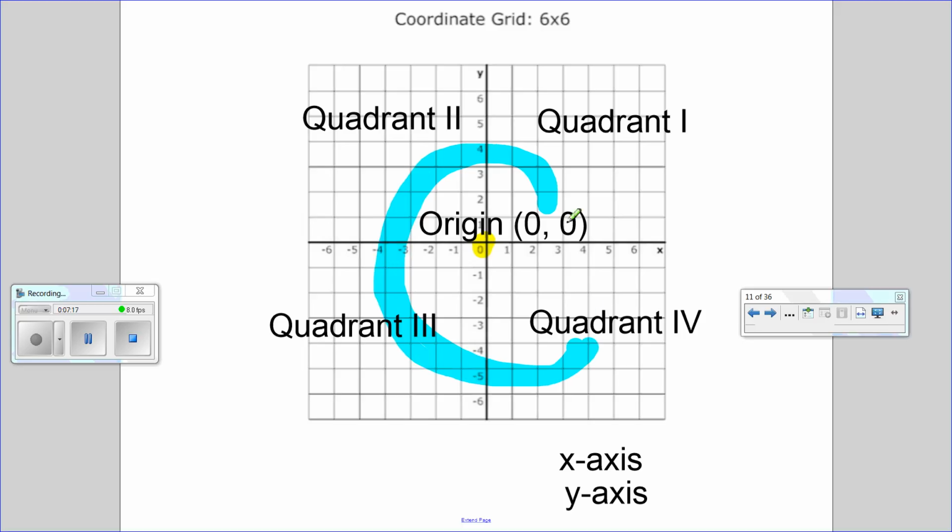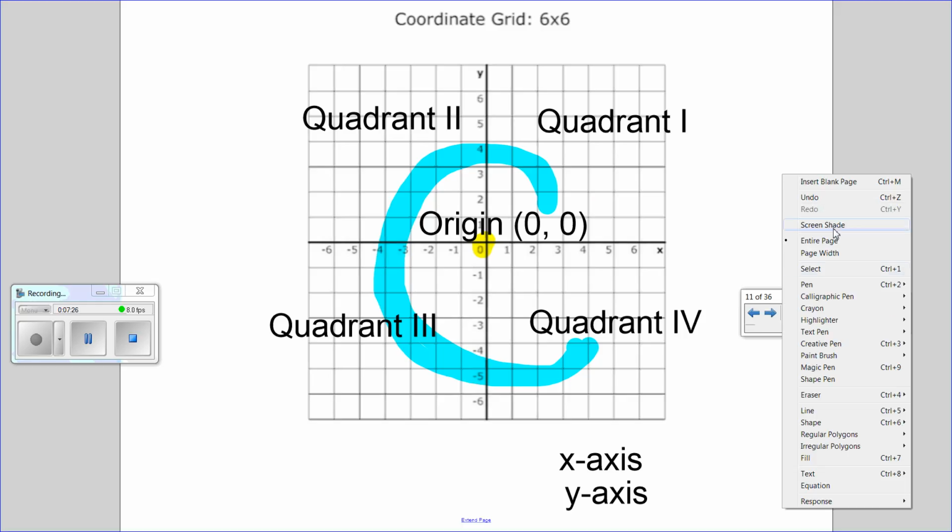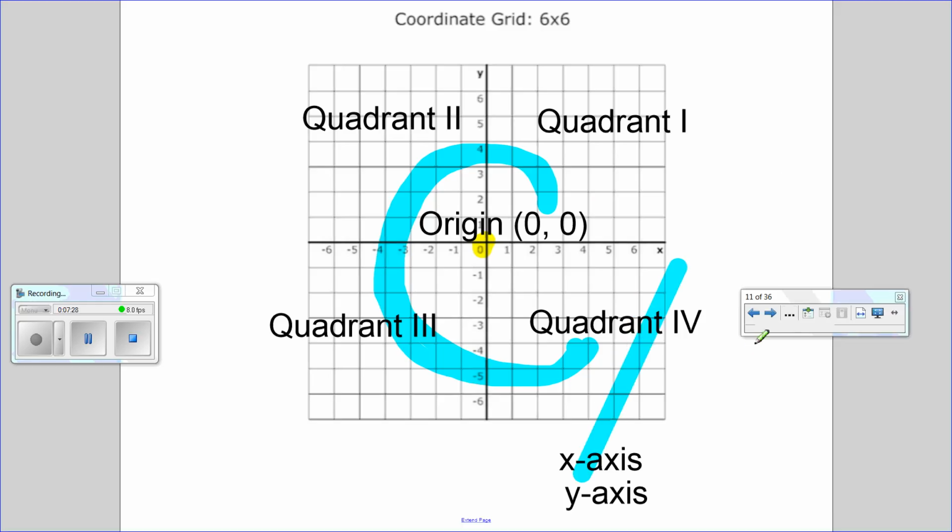That's how I memorize it. There are many ways you can memorize it, but quadrant 1 has all the positive numbers. Oh, I forgot. Wait, let me go back. I forgot to label the x-axis.